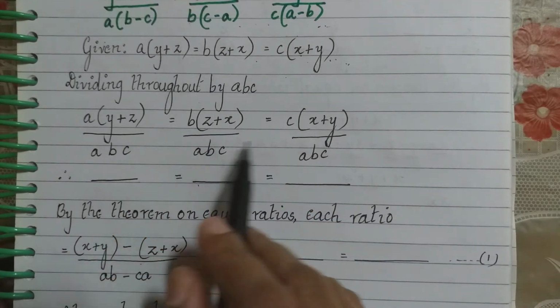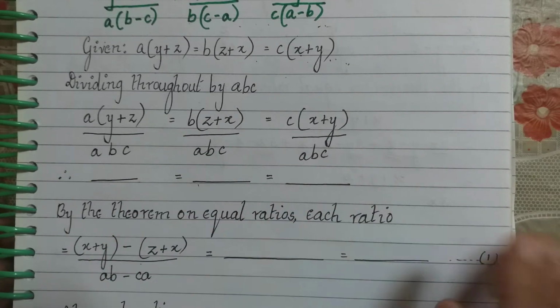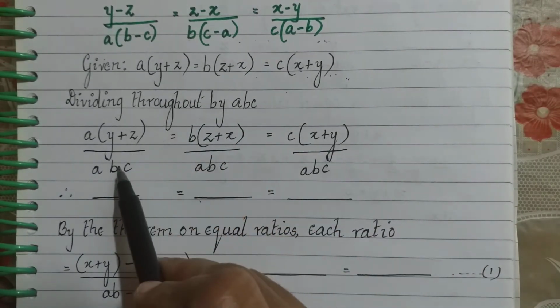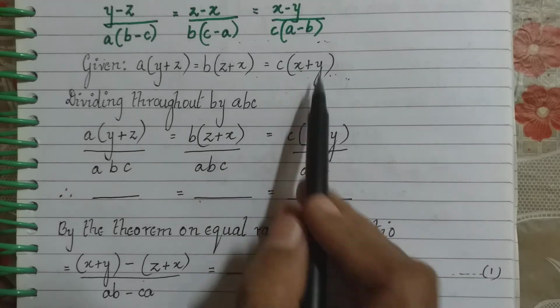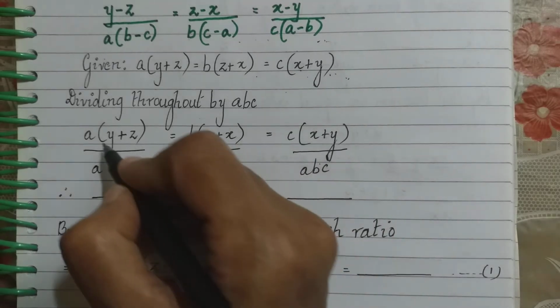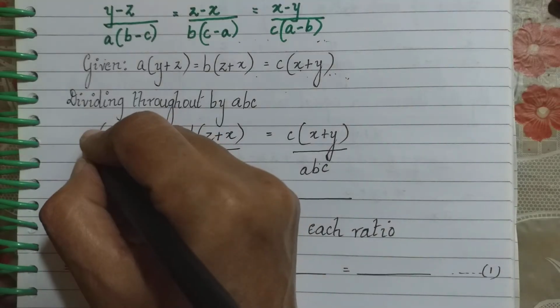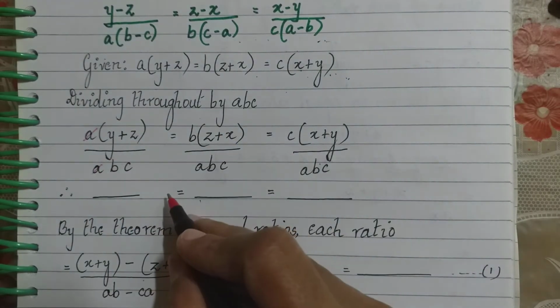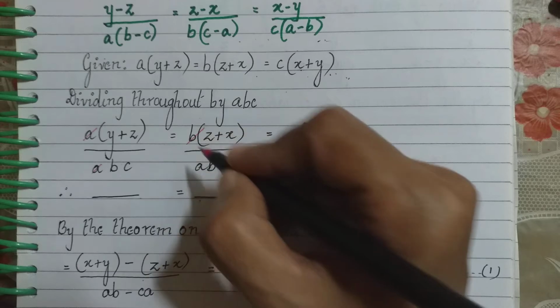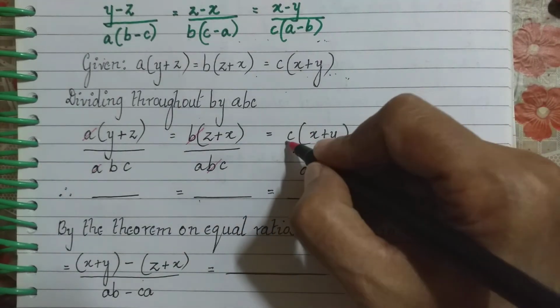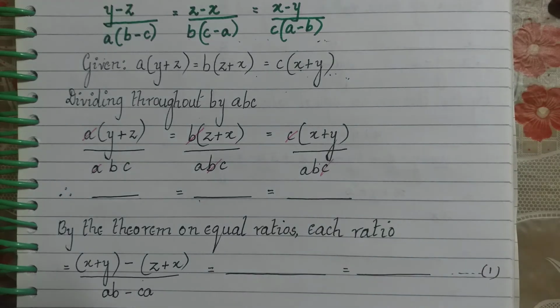Dividing throughout by abc, this was what was given to us, and each of them I have divided by abc. A and a cancel, bc is remaining. B and b cancel, ac is remaining. C and c cancel, ab is remaining.